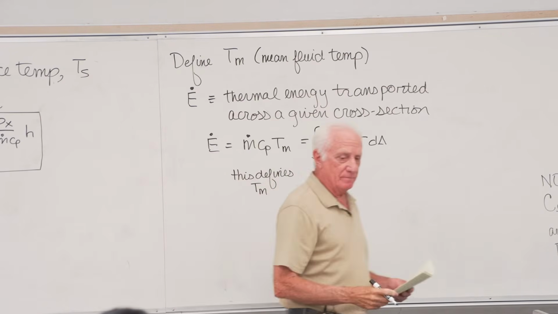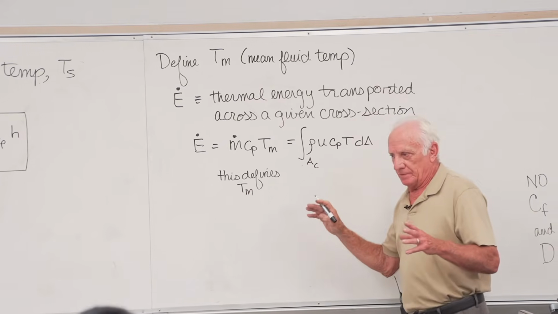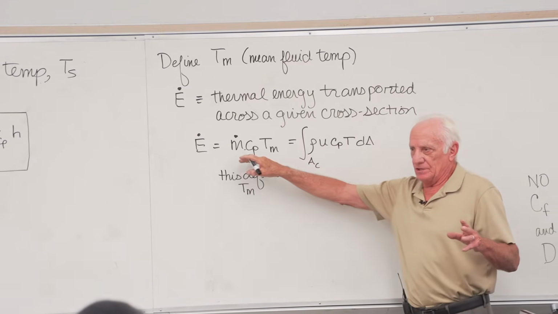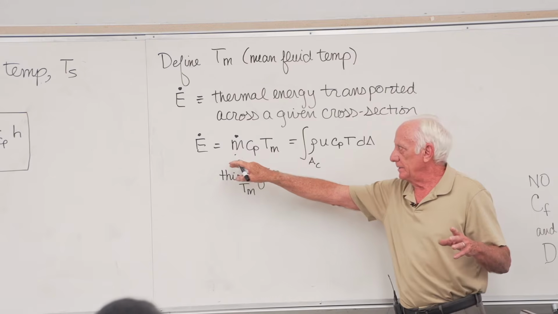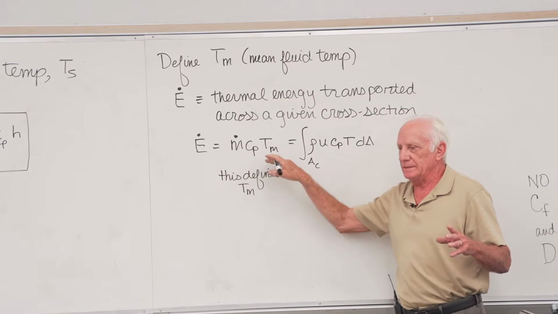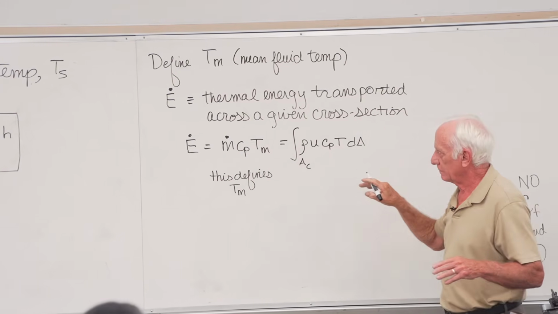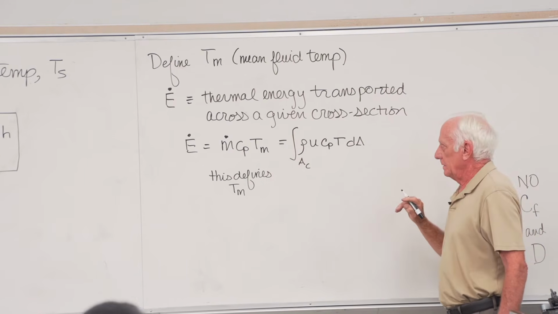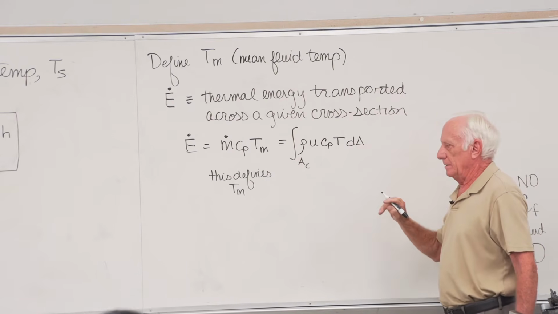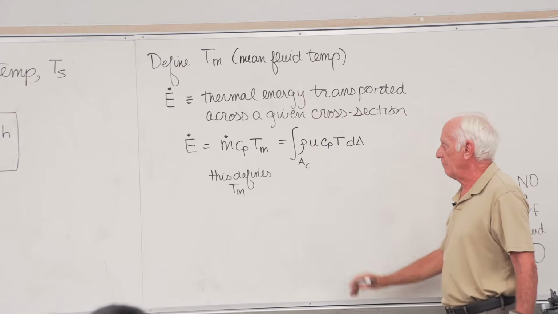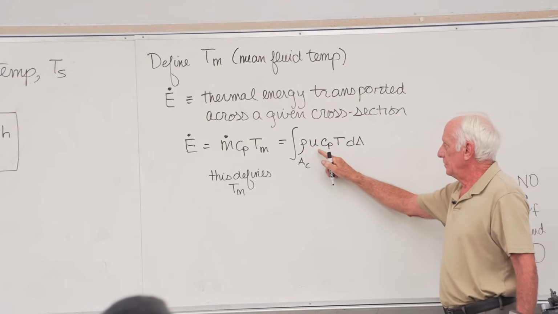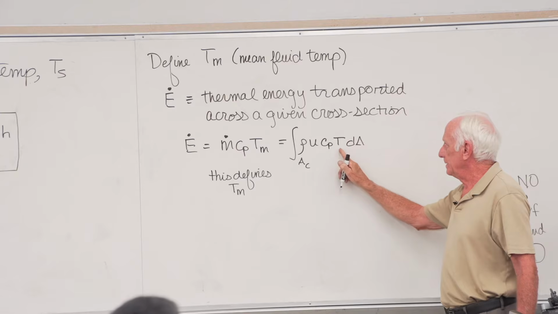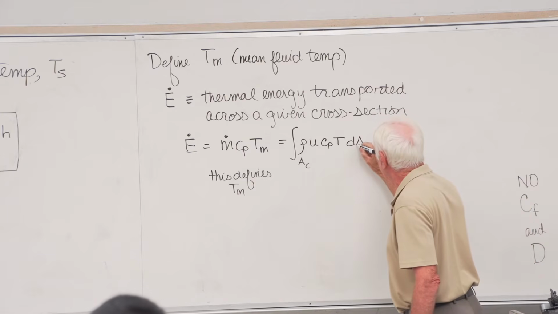That's how we define the mean temperature. Don't forget thermo. The energy transport across that cross-section is m dot, C sub P, T. What's that temperature? The mean temperature. How do we get it? We integrate across the cross-sectional area of what? Rho, U, Cp, T, dA.